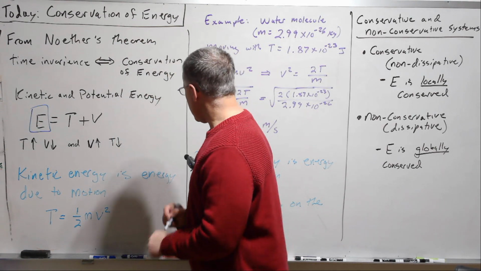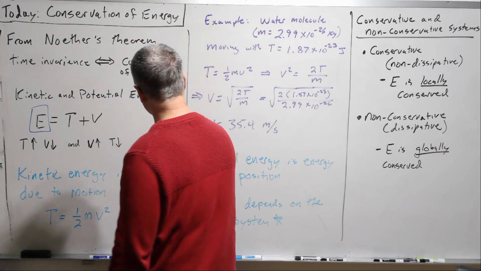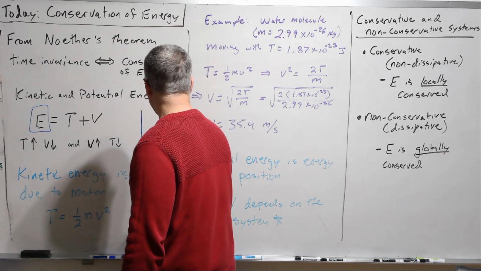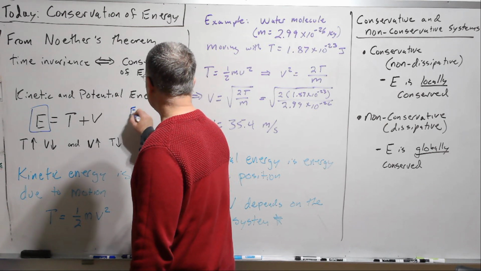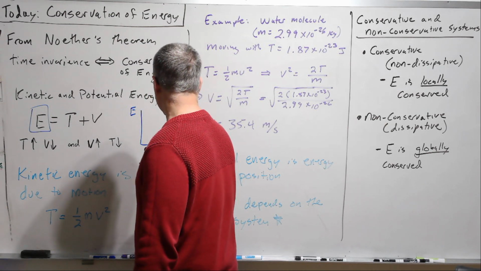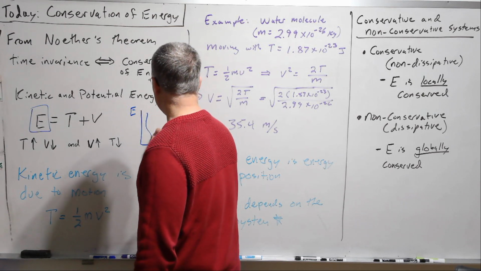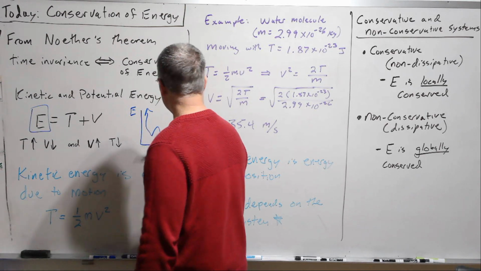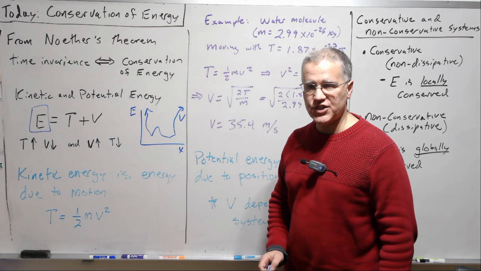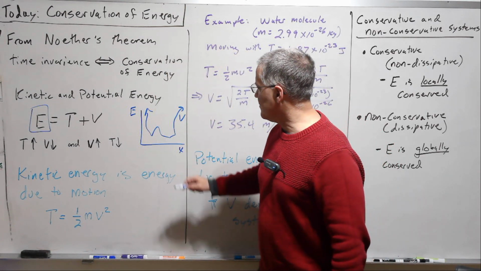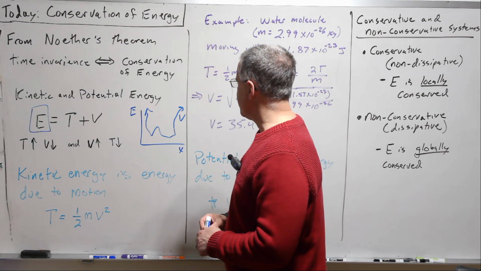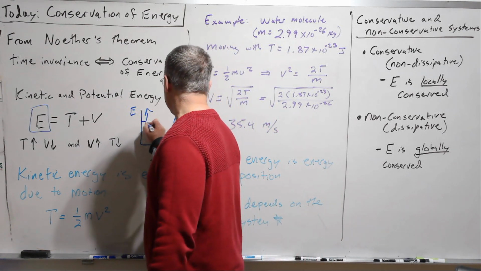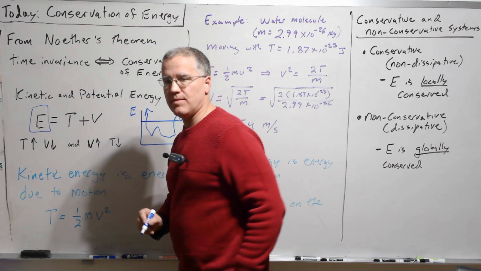So let's just say we have some graph here of energy and position, and we just have some crazy graph here. What we can do is graph the potential energy, right? So we'll graph that potential energy, and then at any given time, we have a total amount of energy.